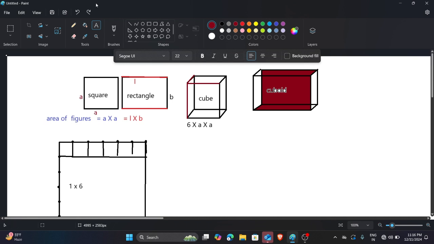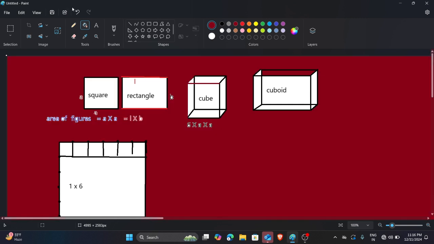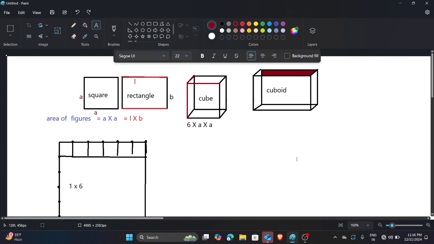So what is happening here is that this and this make this cuboid. This side and this side make this cuboid. Suppose you try to measure this above portion. This portion is nothing but the multiplication of this side and this side.